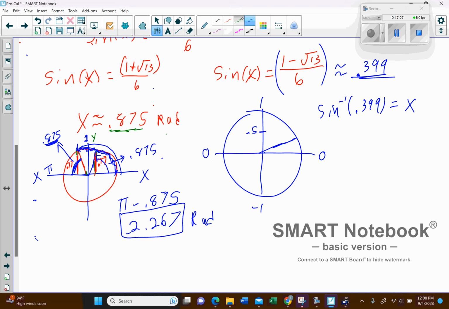That y distance would be about 0.399. And then I'd also have that same height of y over here, about 0.399. So the calculator is going to do most of the work for us.